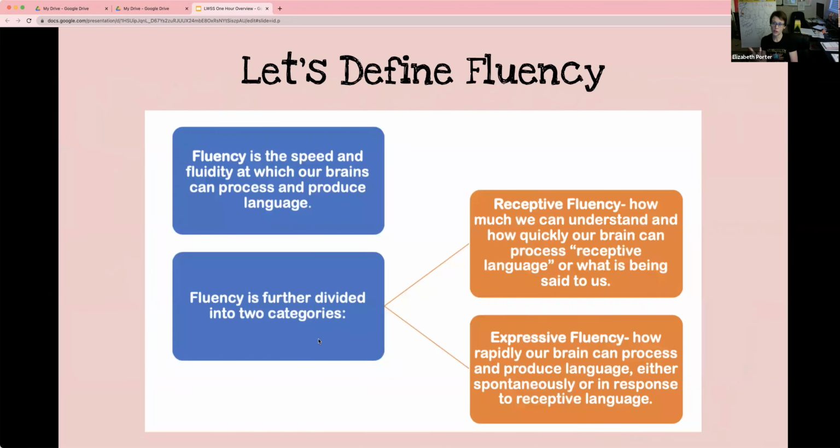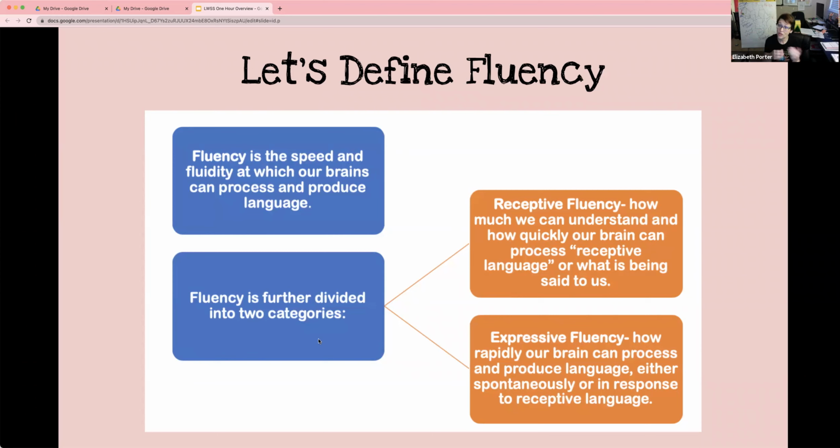So let's define fluency. I like to say that fluency is not the same as accuracy. A lot of times people think fluency and accuracy are synonymous, but they are not. So fluency is the speed and fluidity at which our brains can process and produce language. And then I define fluency further into 2 different categories.